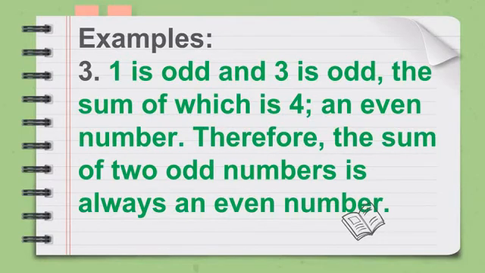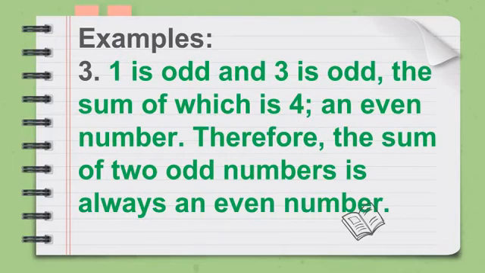From those specific observations and examples, I can conclude that the sum of two odd numbers is always an even number. So that is based on inductive reasoning.